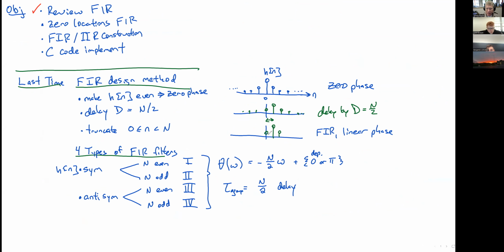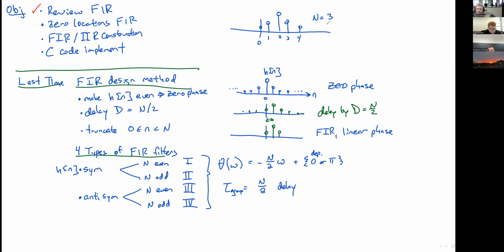If we had a much longer filter, this one is an n equals 3 filter.